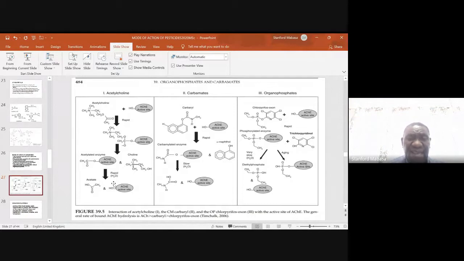Here, this is just a comparison of where we have acetylcholine without any interference. And this is the process which is very rapid. So we have the acetylcholinesterase enzyme combining with the acetylcholine.